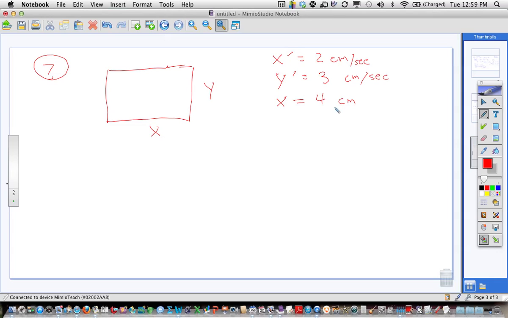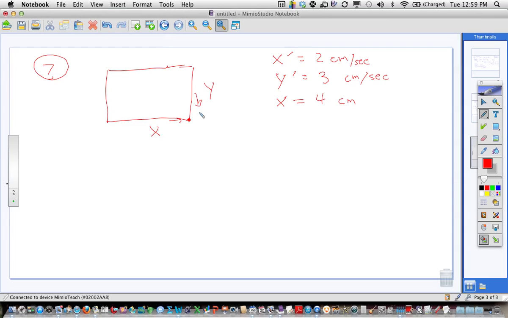Because it's not always going to equal 4. And that's the key. When I drag this bottom corner of this rectangle to make it grow, the question is asking this: how fast is the area changing at the instant that x is 4 and y is 5? So x is changing, y is changing.